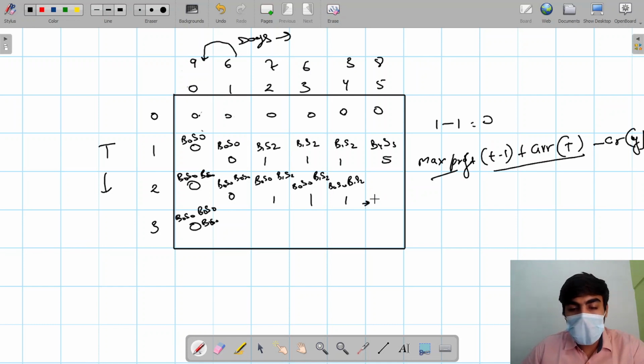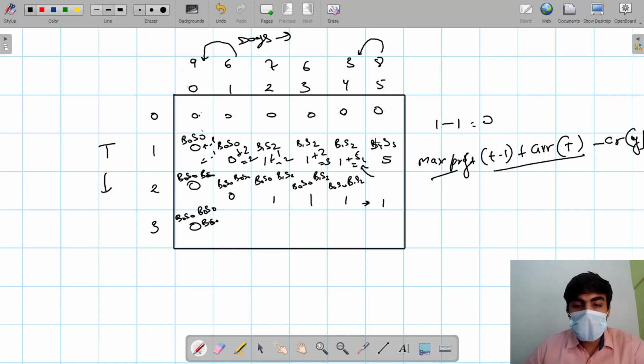Now come to that point. First option is we are taking it as it is or calculating for the previous one. So how are we calculating? Today's price minus previous days' prices. 8 minus 3 gets 5. 1 plus 5 we get 6. 8 minus 6 we get 2. 1 plus 2 gets 3. 8 minus 7 we get 1. 1 plus 1 we get 2. 8 minus 6 we get 2. 0 plus 2 gets 2. 8 minus 9 we get minus 1. 0 plus minus 1, minus 1.